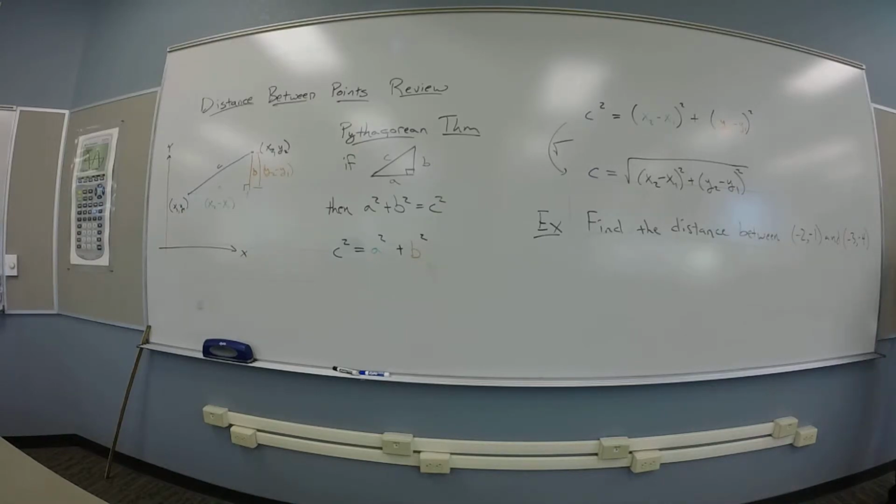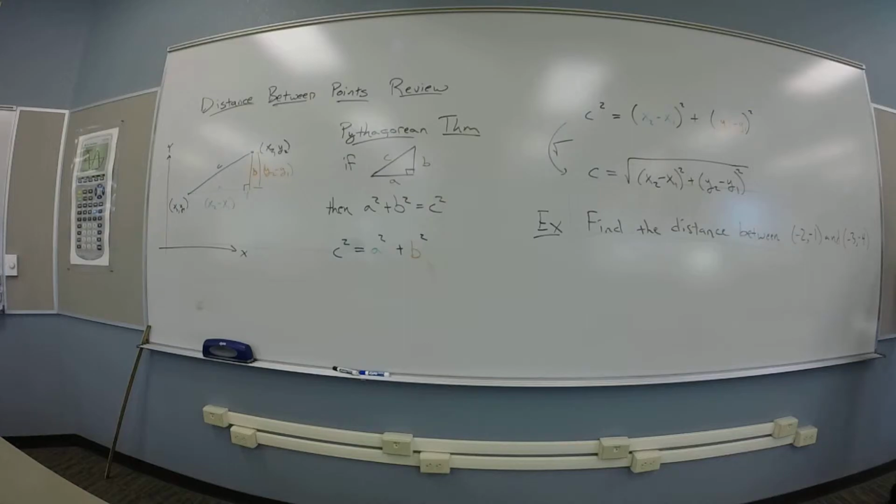No. These are both not in the first quadrant, right? Do I have to draw a picture and figure out which one's further up and right than the other one? No, the formula doesn't care, right? So I can get away with just picking one to be the second point and the other to be the first point. You guys cool with that?